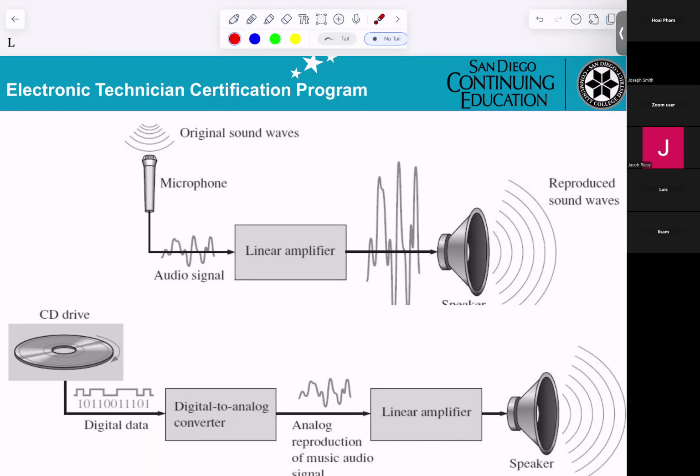So the signal coming out here will be the analog reproduction of the music audio. Okay? However, the signal is not big enough, so they need to amplify, make it bigger, so they can go to the speaker. Okay? So that will be telling you two different types of signal.